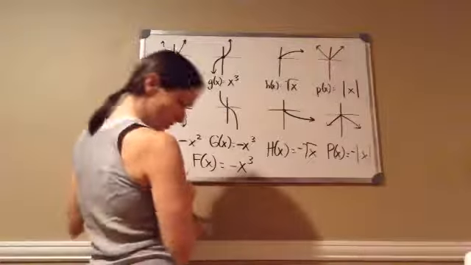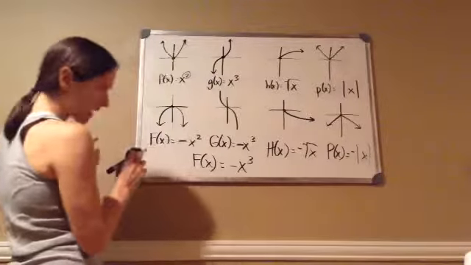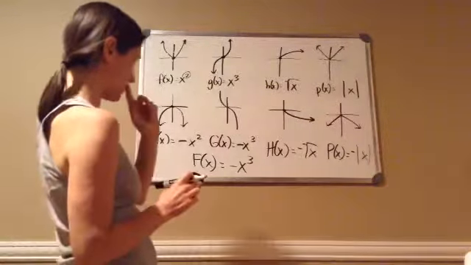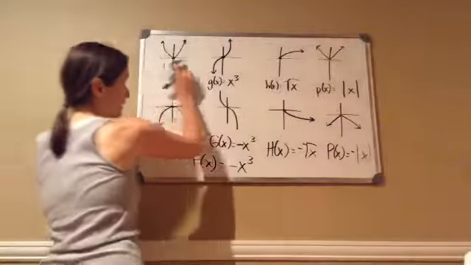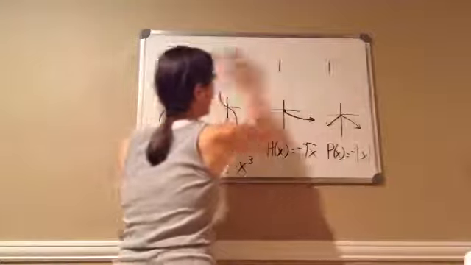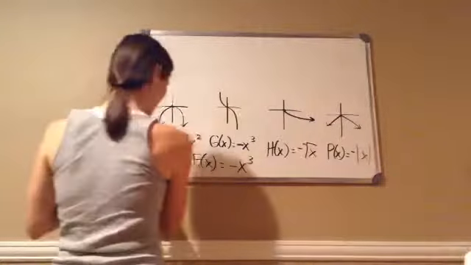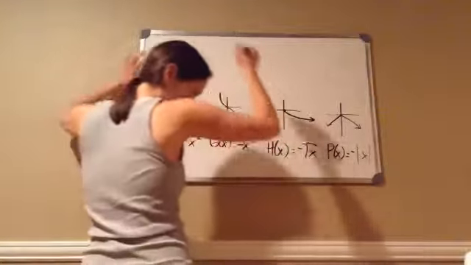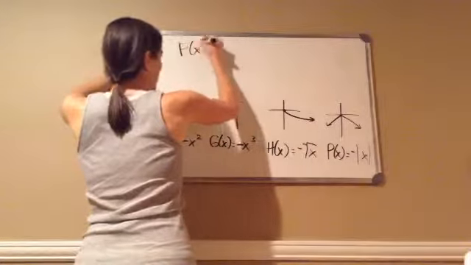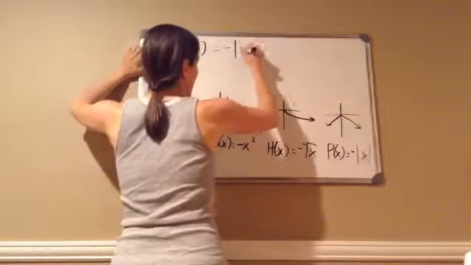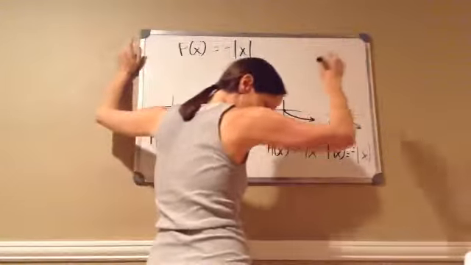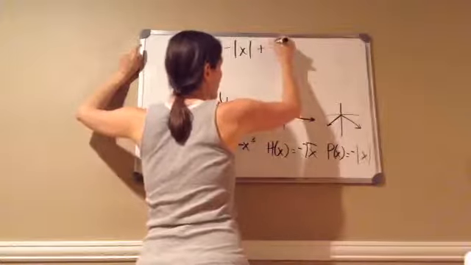So, alright. Now, let's do, I'm trying to decide if I should erase all of these. I think what I'm going to do, I'm going to erase the parents. I hope that's a good choice. Okay, so if I erase the parents' ones, then what is this? F of x equals negative, and now I've got x. And now remember this, plus 3.